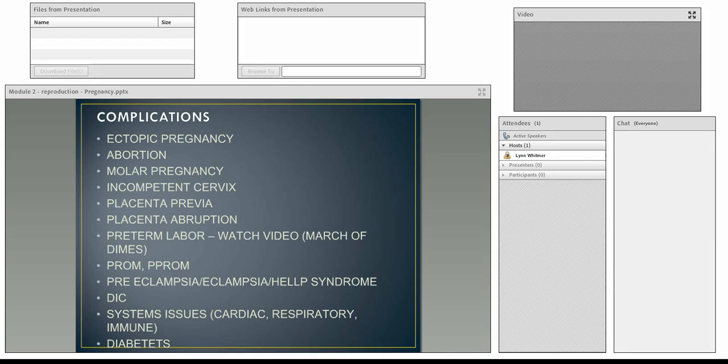The other problem is if it doesn't completely resolve, pieces of this can break off and metastasize to other parts of the body and can cause continual growth, which then leads to a cancer and can kill women. So it's called trophoblastic disease.